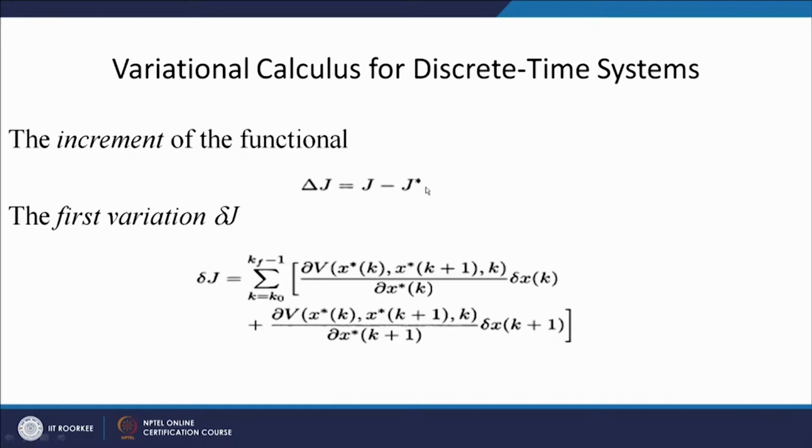In this j minus j star, we can determine the first and the second variation. By the fundamental theorem of calculus of variation, my first variation must be 0 and second variation should be less than 0 for maxima and greater than 0 for minima.